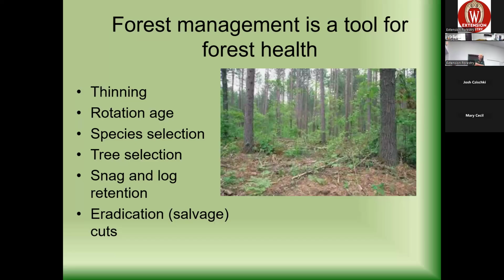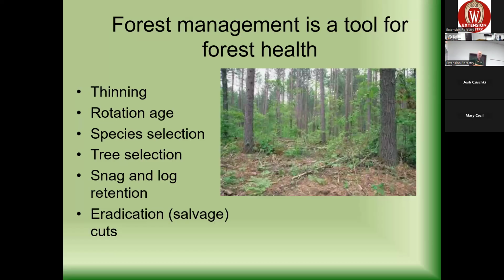Species selection, deciding if we're going to introduce or plant trees, what types of species do we want to put out there on the landscape? Tree selection, there we're talking about individual trees as we're marking to thin a stand. Snag and log retention, because again, we're thinking of this as a healthy forest.